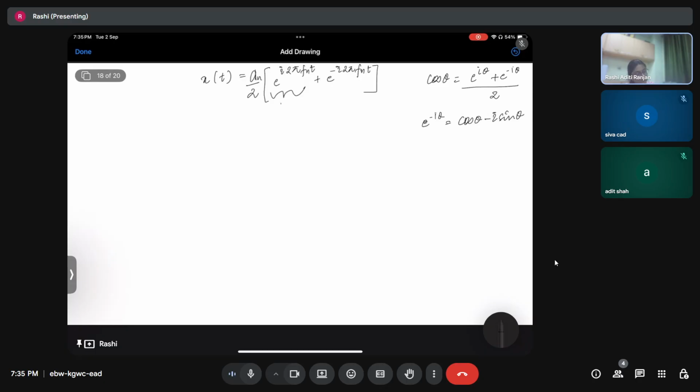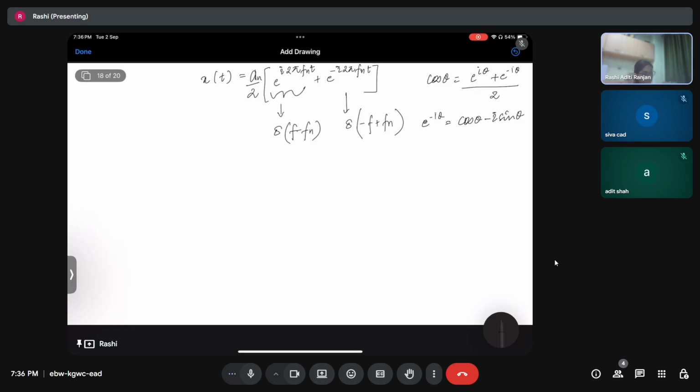Firstly, the Fourier transform of this is going to be delta f minus fn, and for this it is going to be delta, yeah, I hope I'm right, f plus fn. Then we have it multiplied with an by 2.